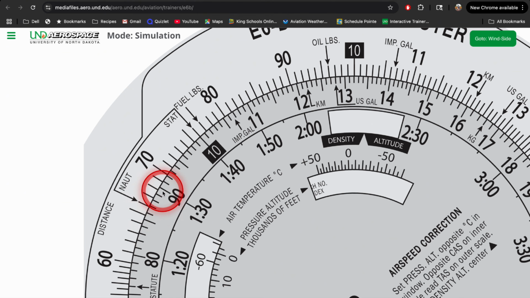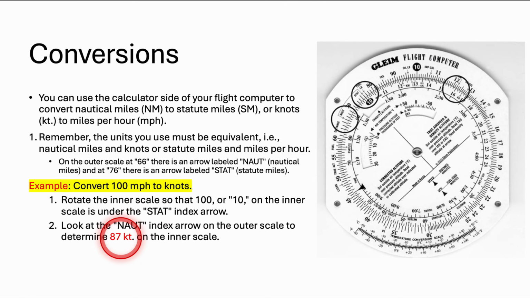Whatever number is opposite this arrow is how many knots you're traveling. So here's 80, 85, 86, 87 is the nearest one. So in this case, 100 miles per hour is equivalent to 87 knots, or nautical miles per hour. So there's the answer right there, 87.